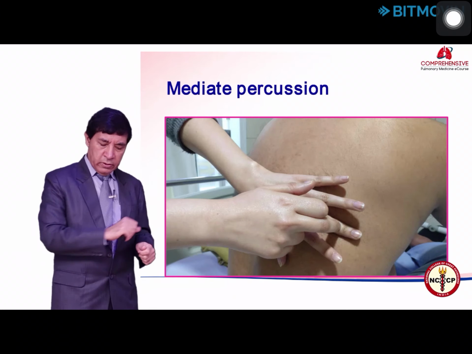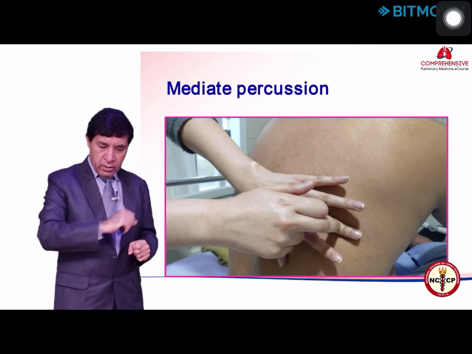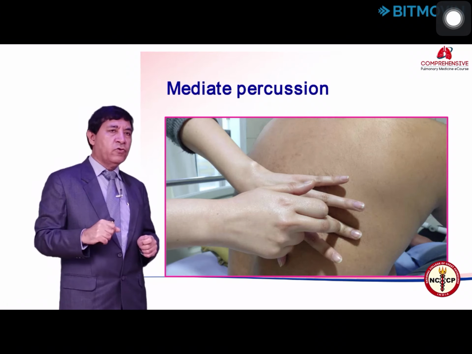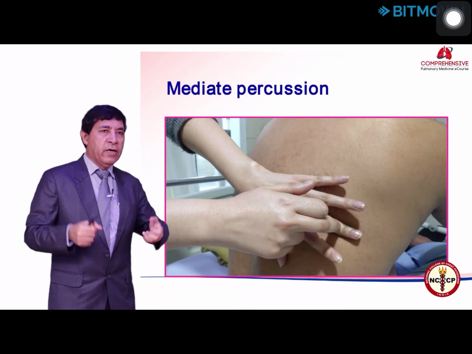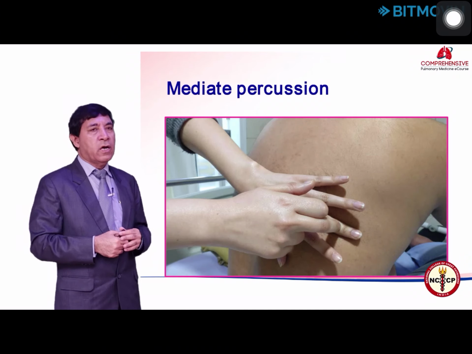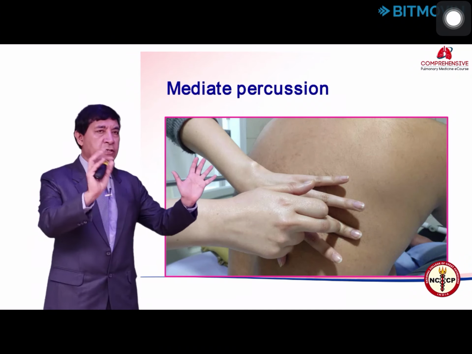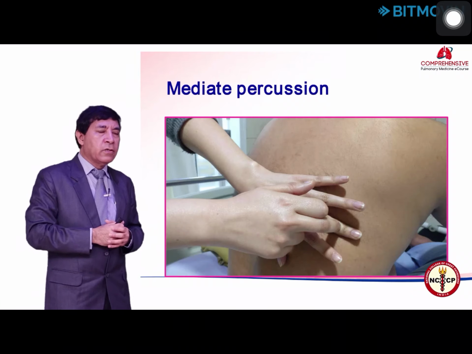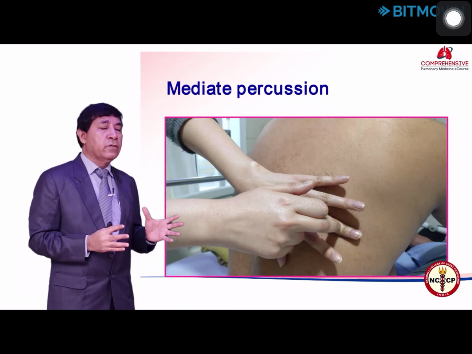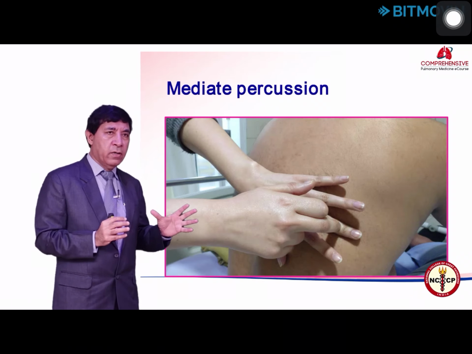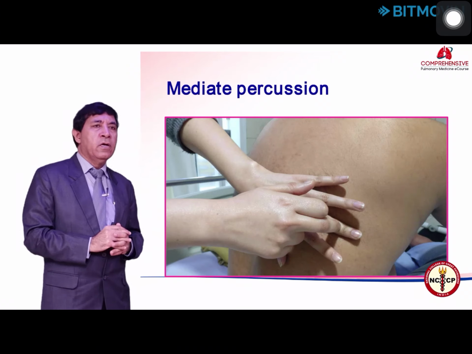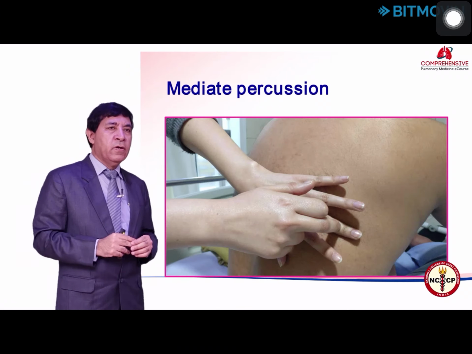But when you tighten your strings and stretch your diaphragms, then you see a kind of resonant or musical note starts coming. Similarly in the chest, when you have the lungs, and there is normal air in the lungs and you try to percuss, it behaves like a hollow viscus, and you get a kind of resonant sound.